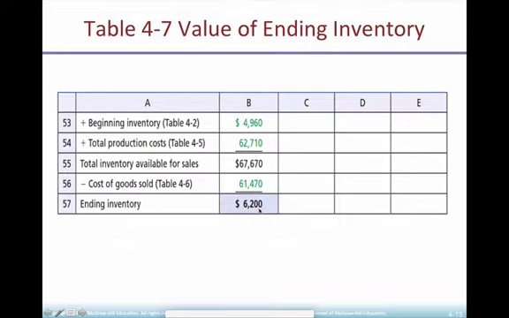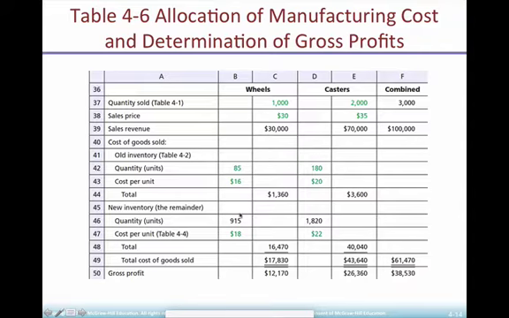But for the application part, we can actually use a more intuitive way to calculate the ending inventory in dollars. Let's see what we can use. Remember, a few slides back we said we are going to produce 1,015 units of the new production, and we sold, based on this cost of goods sold calculation, 915 units.